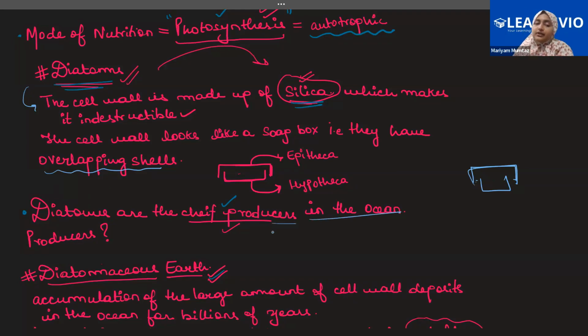The producers, does anyone know the meaning of producers? You might have studied this in class 10. What are producers, consumers? Remember? For those students who I taught, do you remember producer, consumer, primary consumer, secondary consumer?